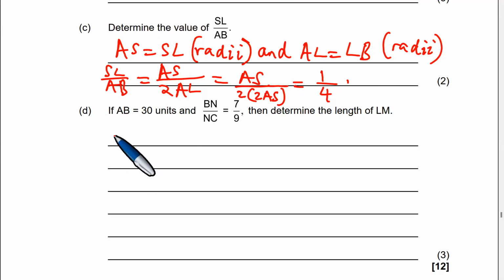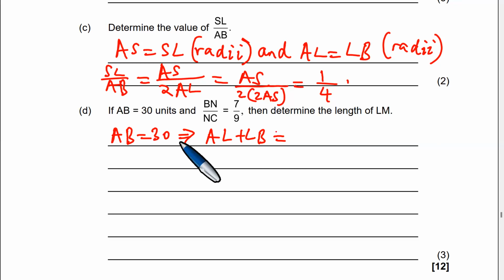AB is 30 implies that AL plus LB is 30, because AB is AL plus LB.